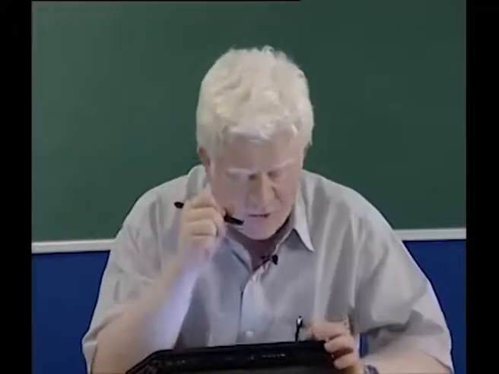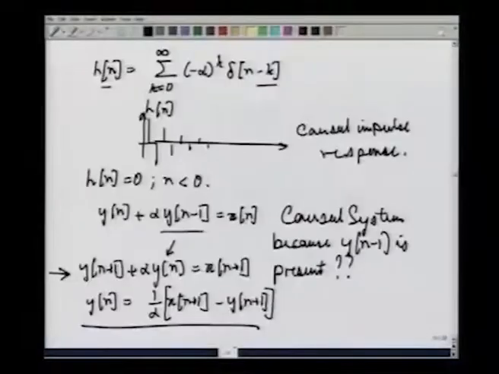y n equals 1 by alpha x n plus 1 minus, what is y n plus 1? The expression is the same, just like you had over here. You have y n plus 1.